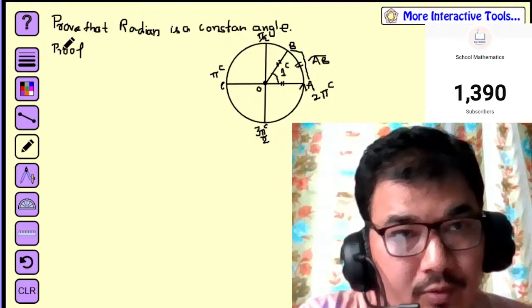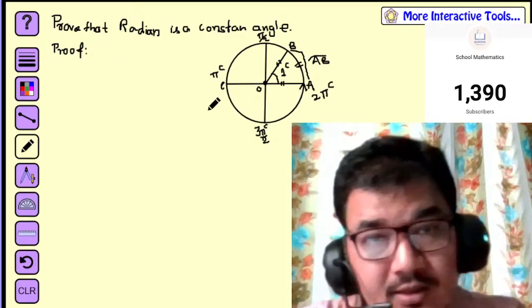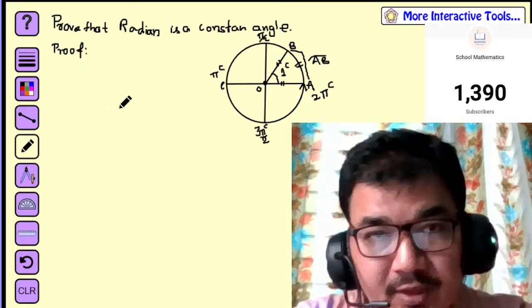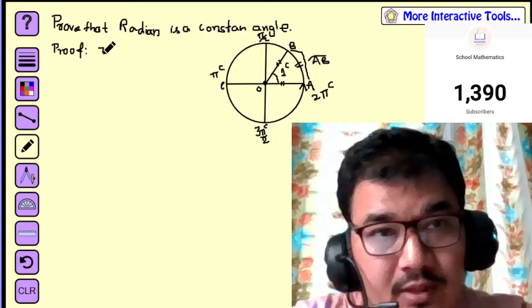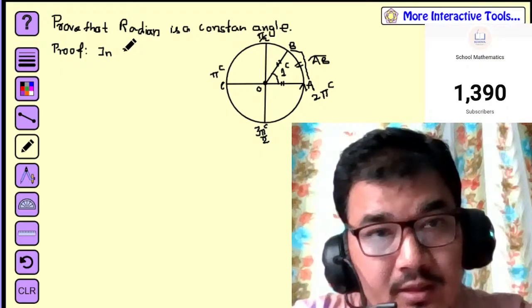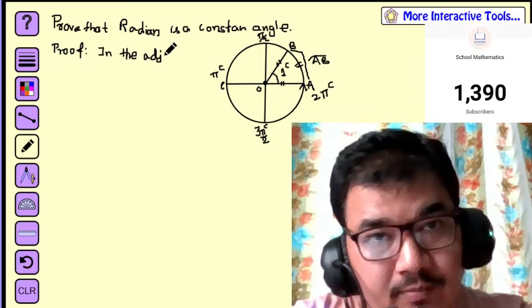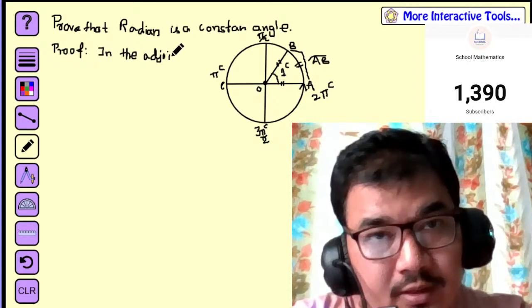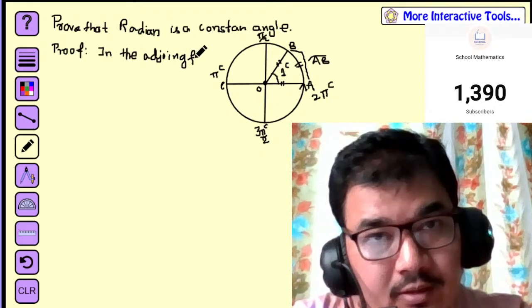Whatever is shown in this figure should be written here in language, in the adjoining figure.